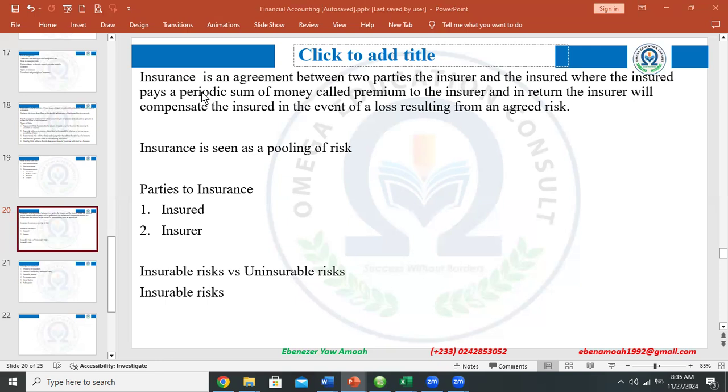So we are saying that insurance is an agreement, and you know, agreement borders on a contract, right? So two parties enter into this contract, and one of them is called the insurer, and the other is the insured. Let me use specific examples. You know a lot of insurance companies, Glyco Insurance, SIC, Vanguard, Star, in fact, a lot of them.